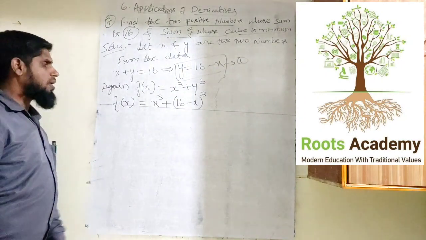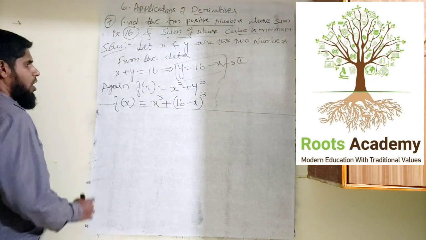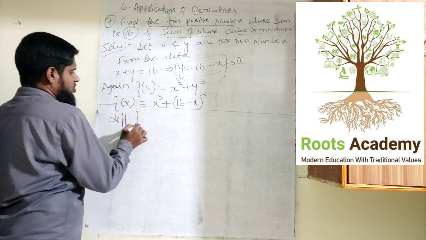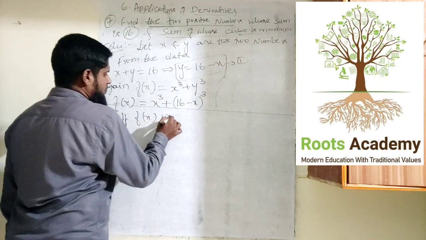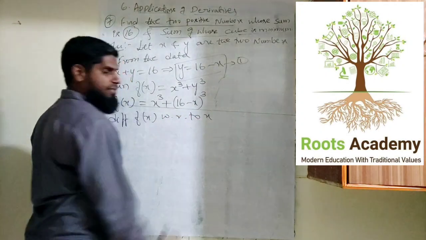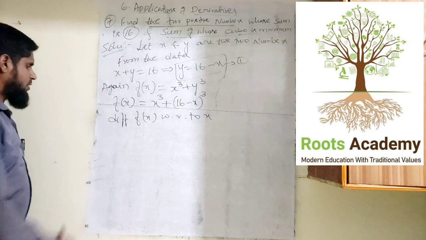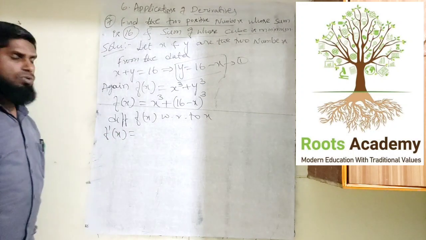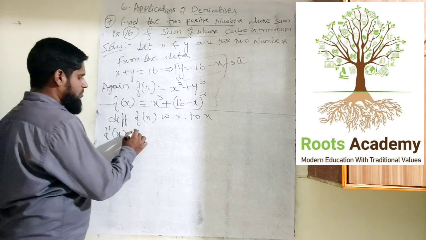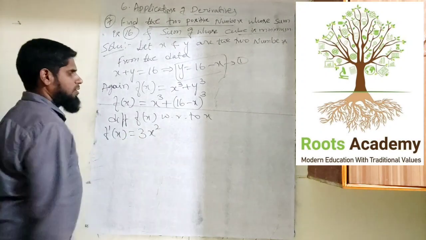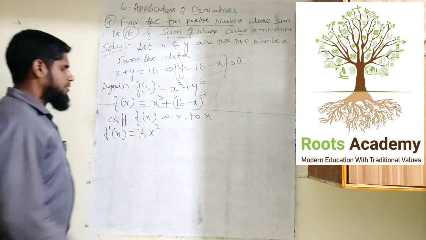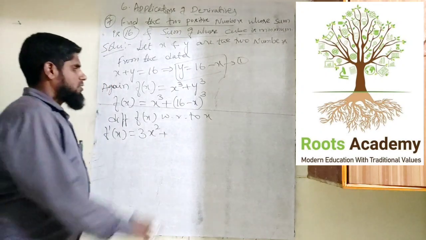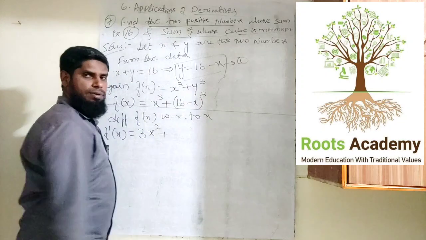So let us differentiate this. Differentiate f of x with respect to x. So f dash of x is equal to the derivative of x cube, which is 3x square, plus (16 minus x) whole cube.